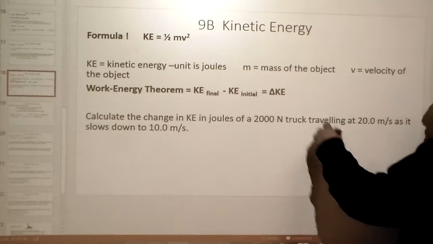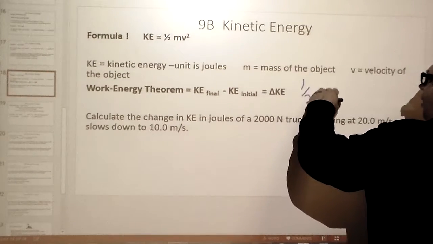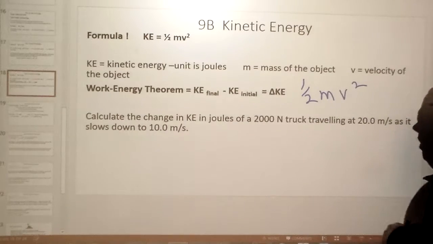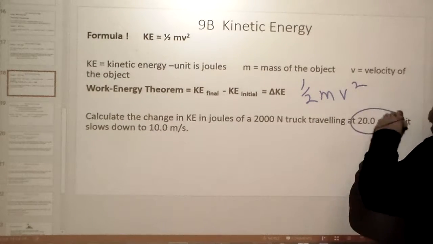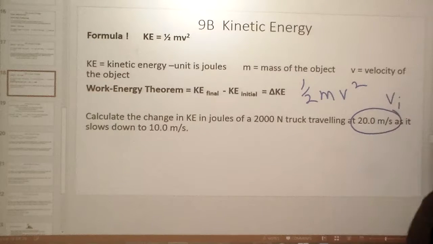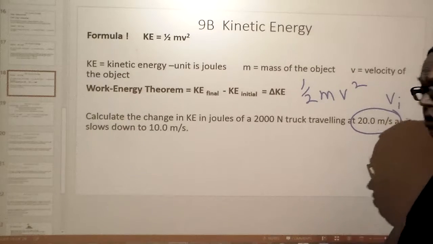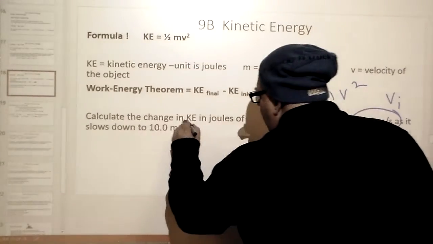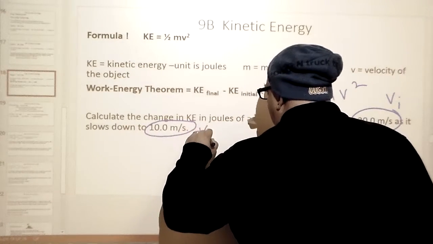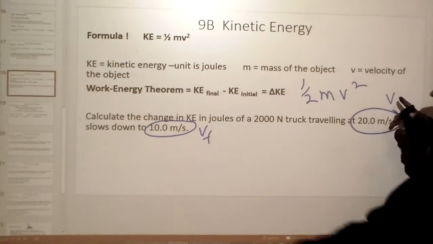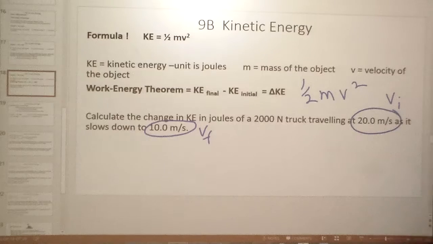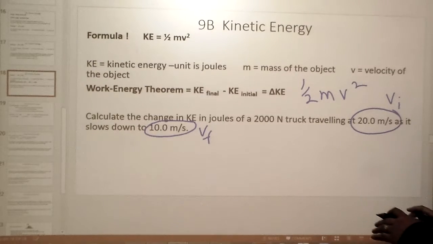Now we know that kinetic energy is 1/2 mass times velocity squared. Do we have the velocities? Why, yes we do. We have one here, and that's going to be our initial velocity. That's what the truck was traveling at when it was starting. And then we have another one here where we have our final. So we're good to go on that.